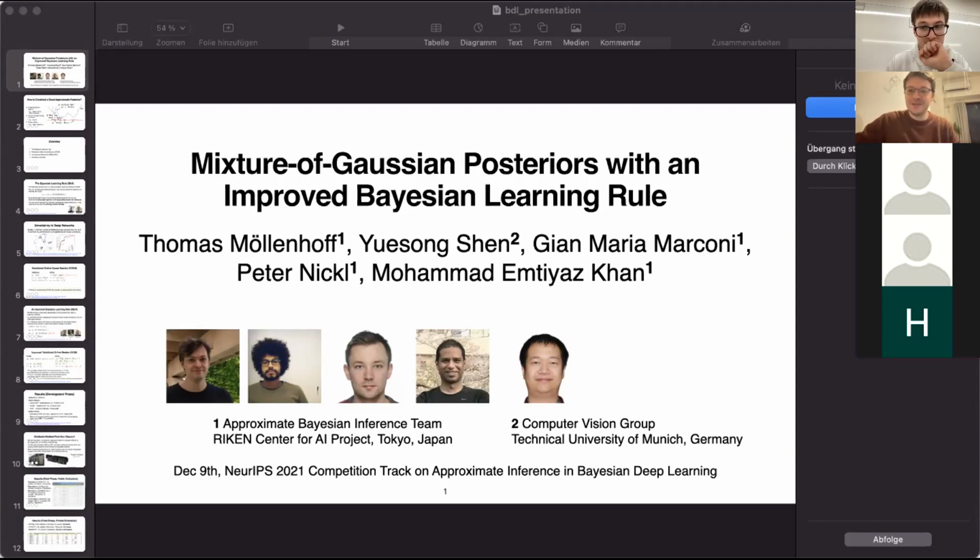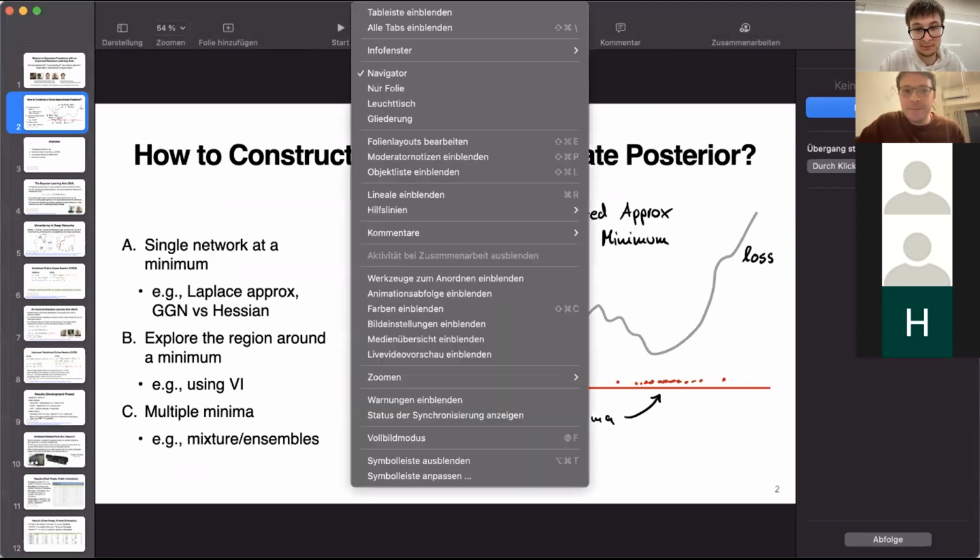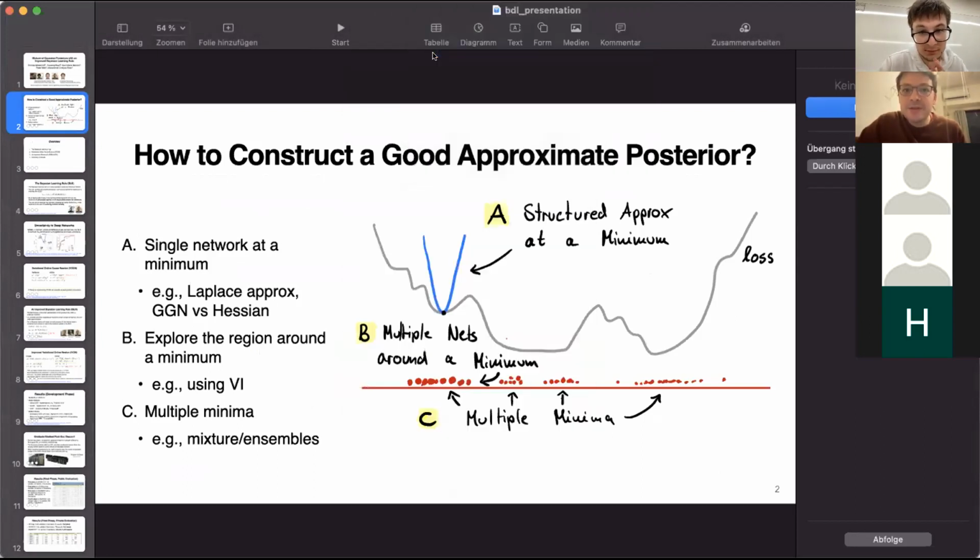But it looks like your slides aren't advancing. Oh, the slides are not advancing. Oh my God. Okay. So you're still seeing the very first slide? Now I see slide 2. I can see your cursor now too. Okay. Then let me change the presentation mode.